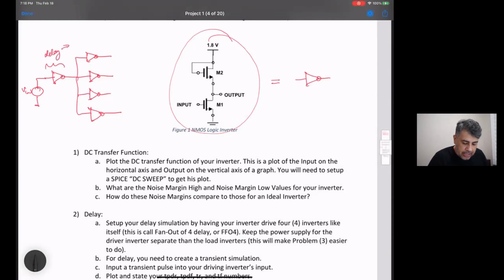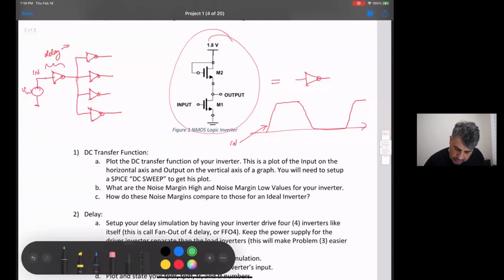And, you know, delay has got several components. If I was going to draw it like this, let's say this is my input. So let's call this in. And let's say green is my output.